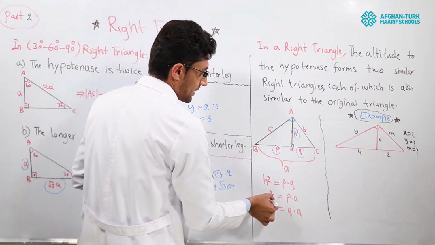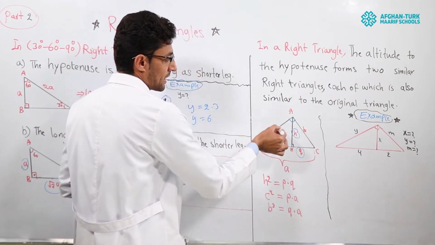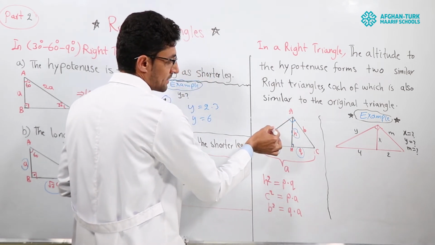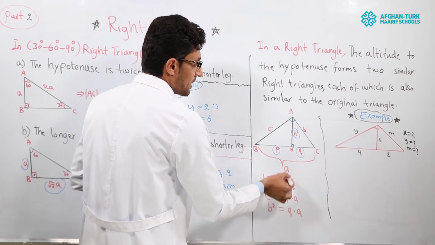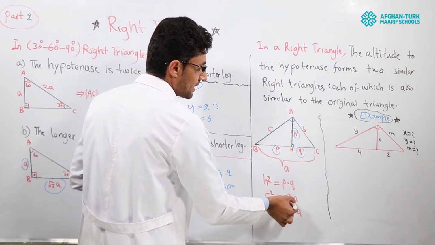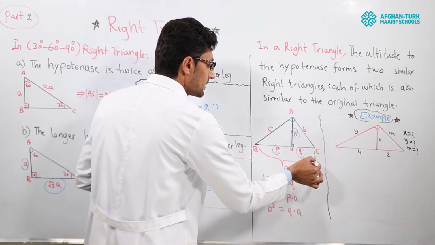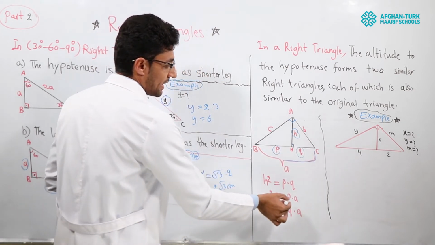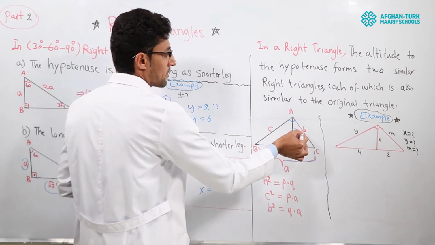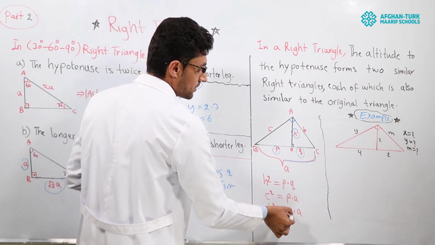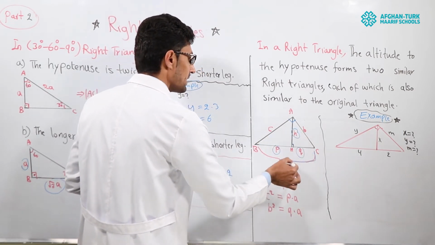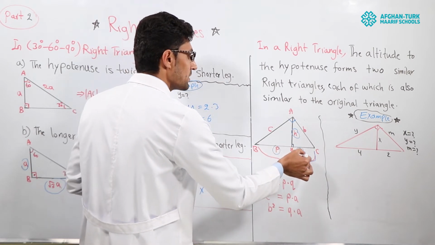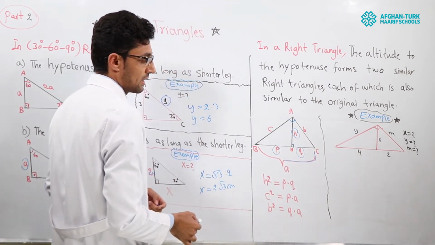Or we can have c square, the leg. C square is equal to P multiple A. What is A? This is total, called A. And what is B square? B square is equal to Q multiple A. It means P plus Q is called A.